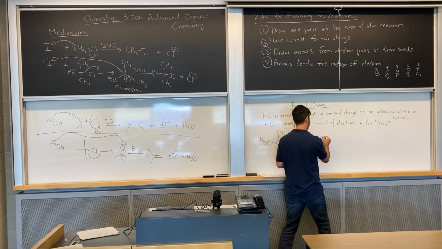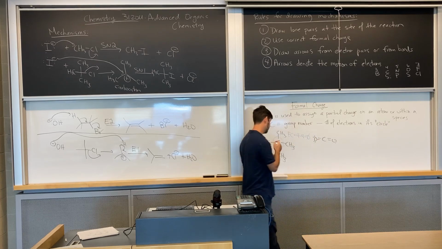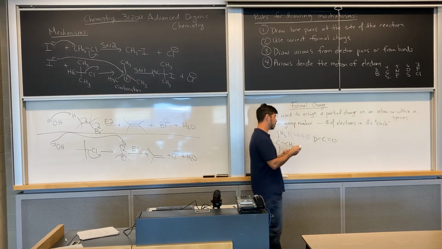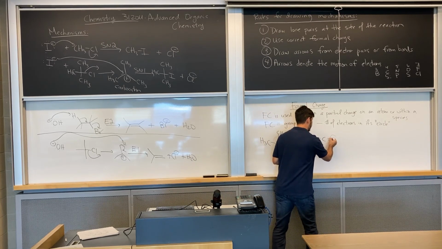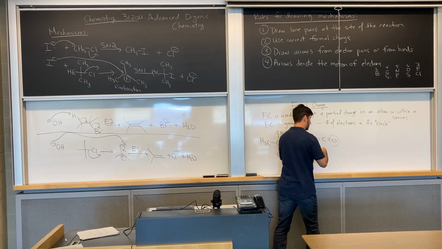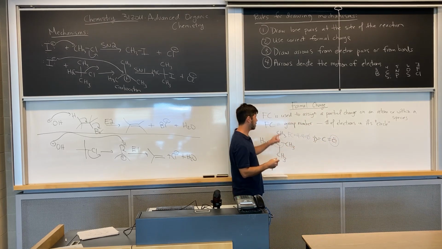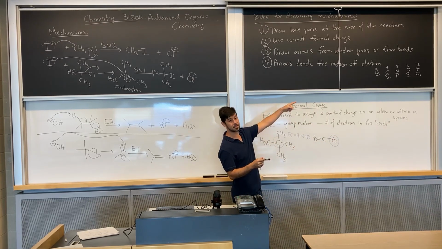What about something like carbon dioxide? So the Lewis dot structure of carbon dioxide looks like this. And if you were wondering what the formal charge is of this oxygen, then we can use our handy formula and say, okay, what is the group number of oxygen? It's 6.